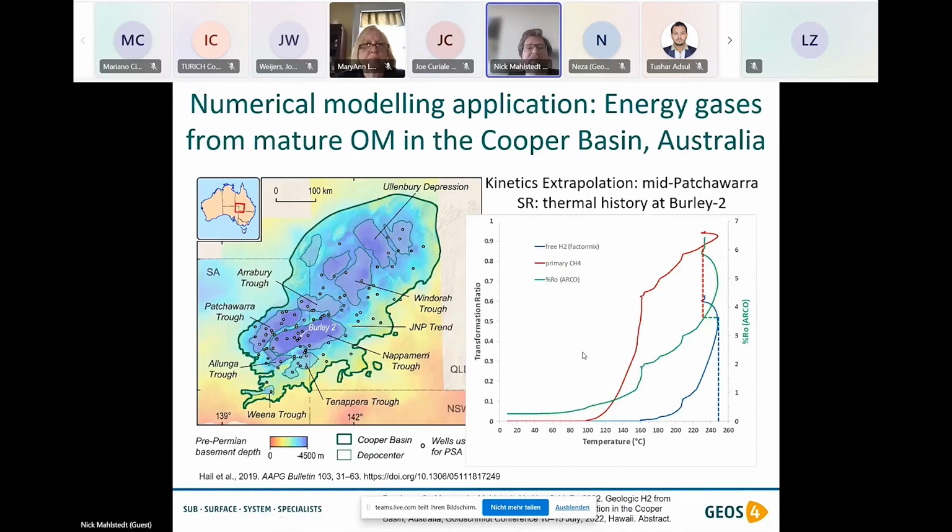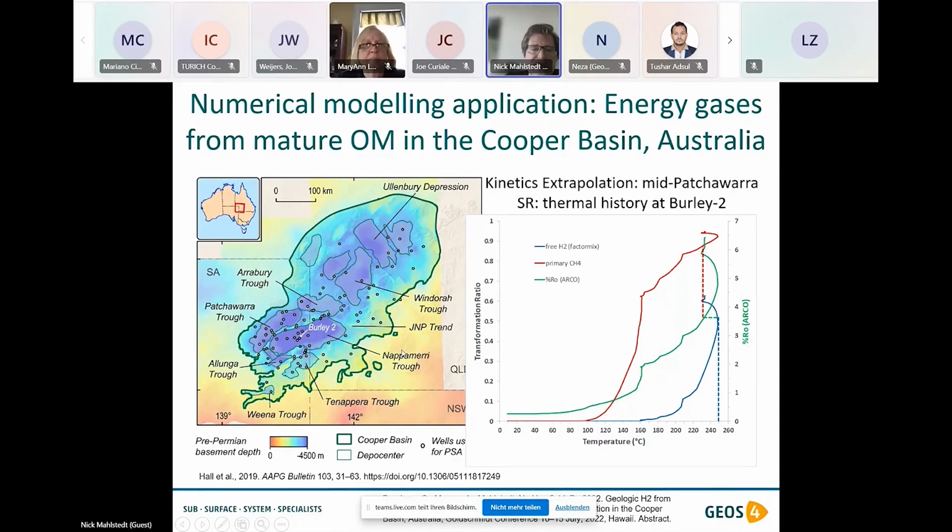We also applied the kinetic models, the methane and hydrogen kinetic models of the Pechavara Formation source rock sample to a published 3D basin model of the Cooper Basin in Australia.